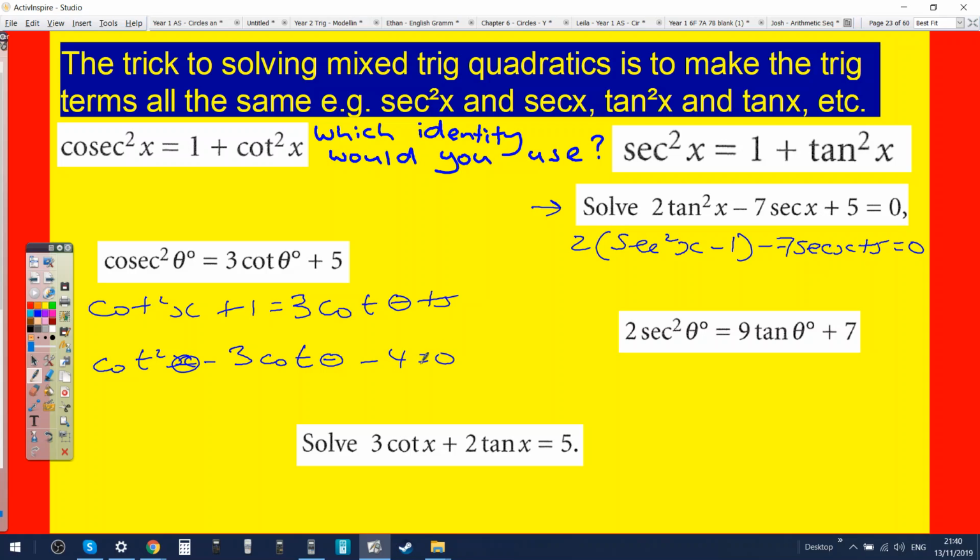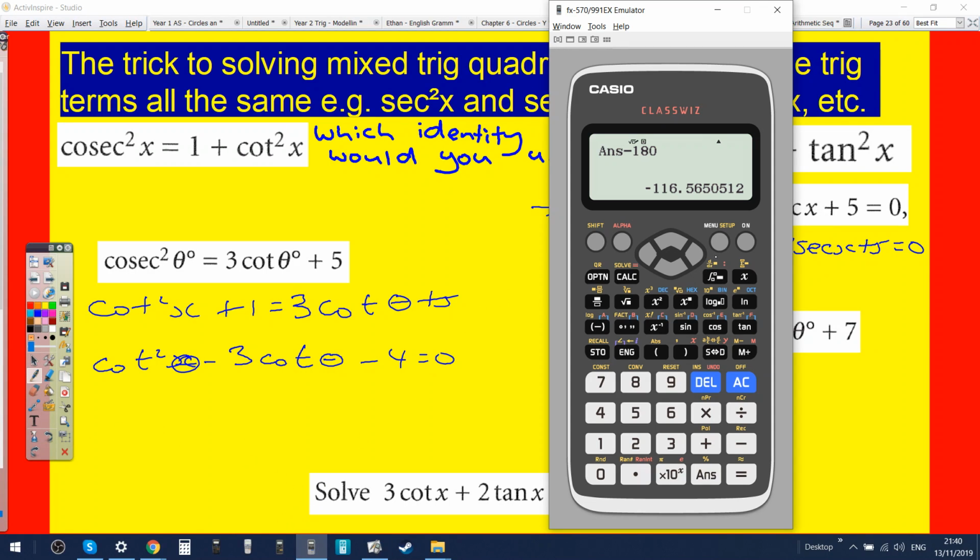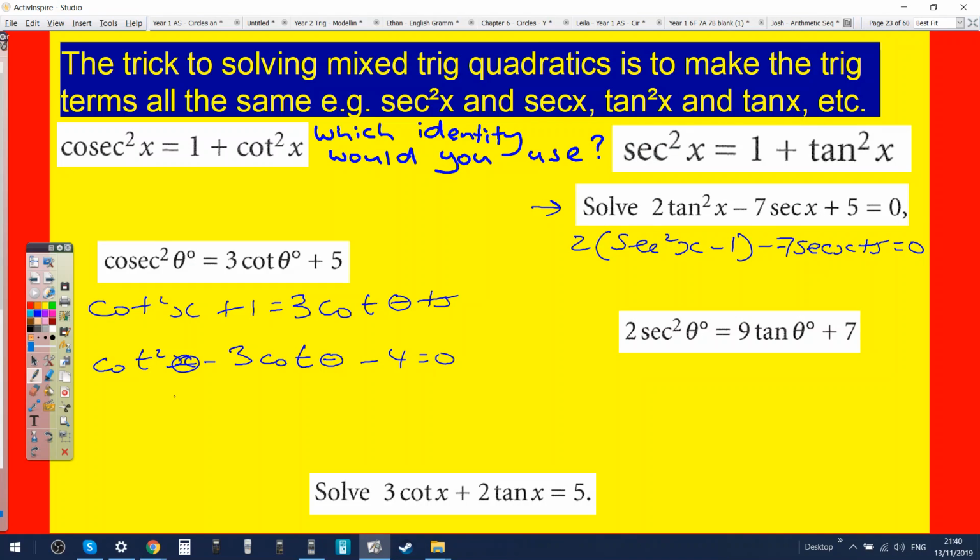No. Calculator. So what is A, what is B, what is C? Do it that way. And so what is equal to 4?